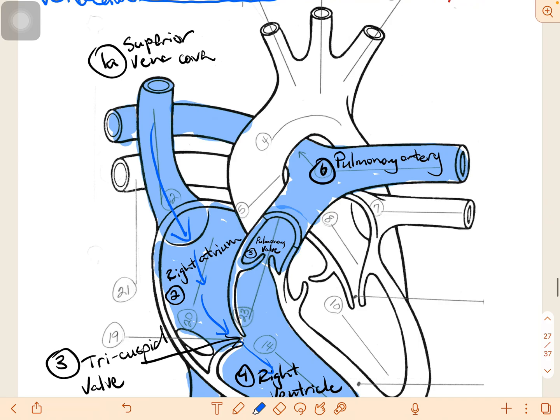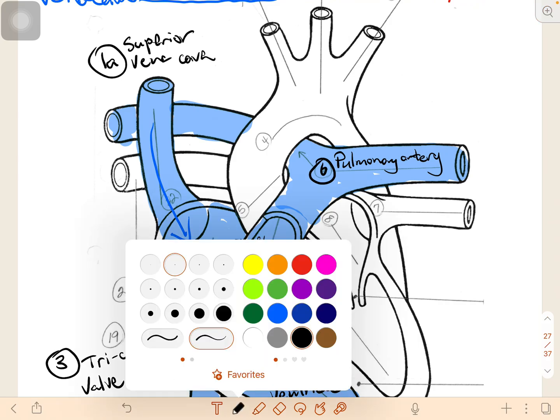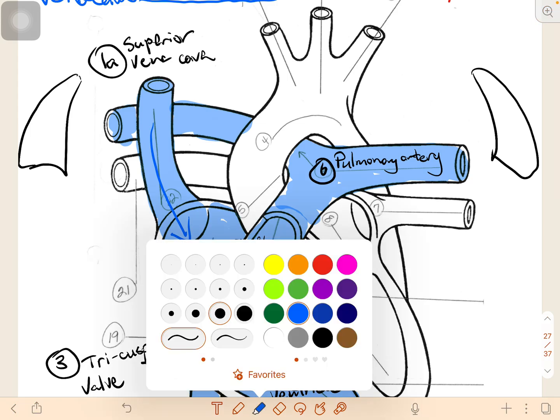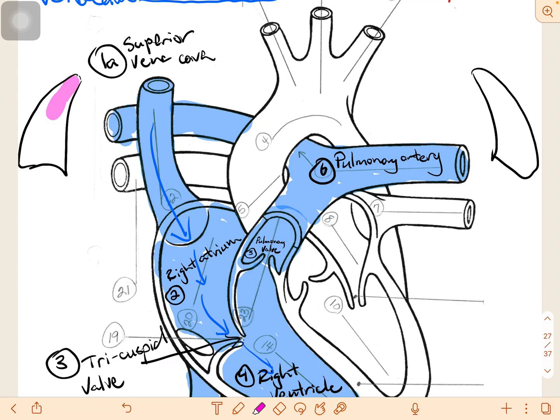Now what I'm going to do is draw some lungs. All right, so we know that the lungs look more or less like that. I'm going to give them a nice pink color, because healthy lungs should be pinkish.